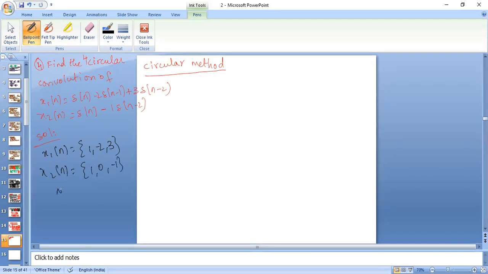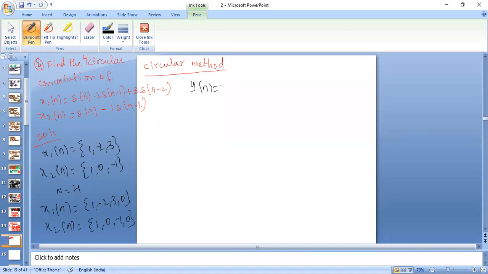But here they have given that N is equal to 4, so let us increase the length of both the sequences to 4. So x1 of n here should be equal to 1 minus 2 3 0 and x2 of n is equal to 1 0 minus 1 0, right?